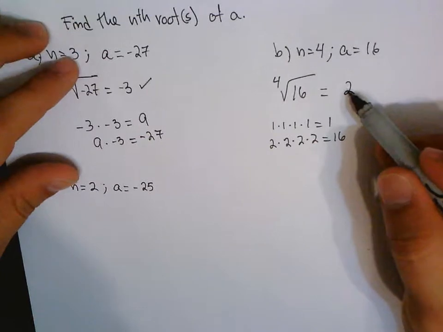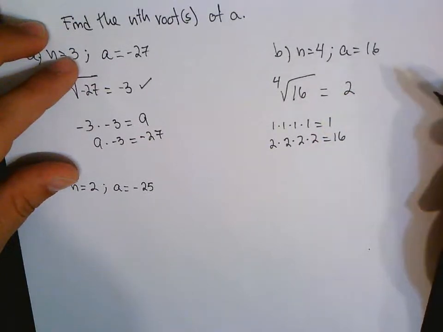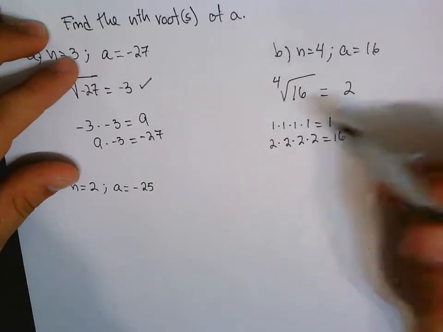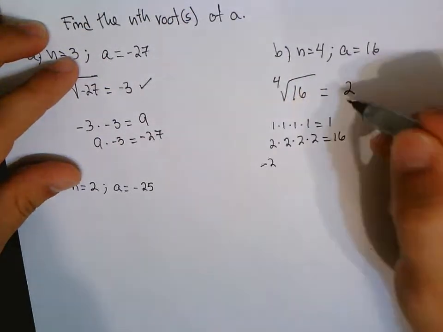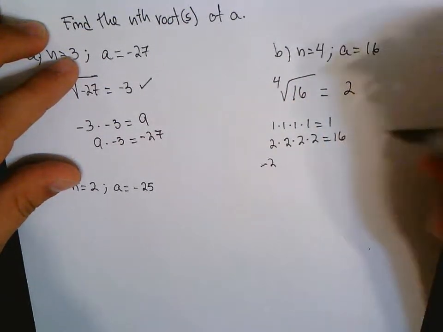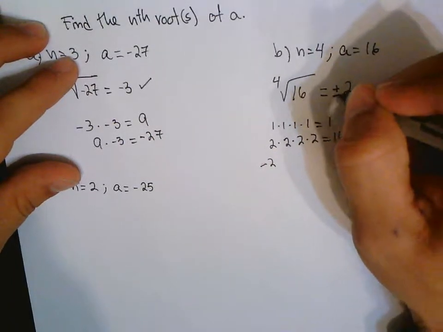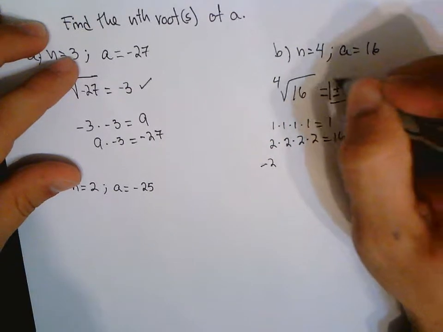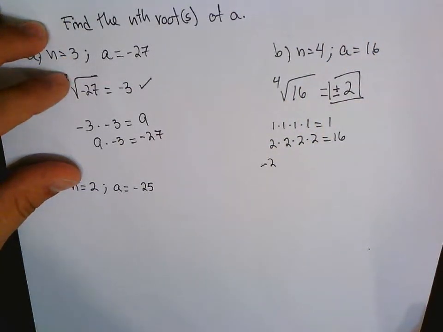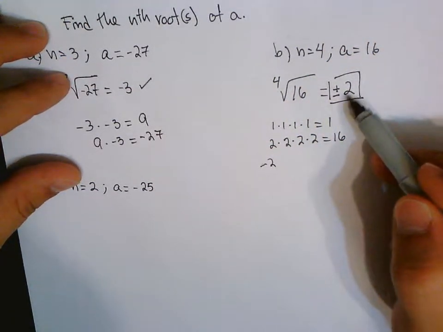So what other number can we multiply by itself 4 times that will give us 16? Well, that number will be negative 2. It will be the opposite of positive 2, which is negative 2. And we write it as plus or minus 2. That means positive 2 and negative 2.